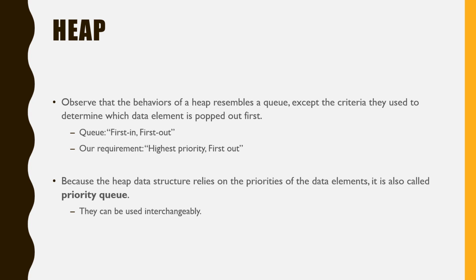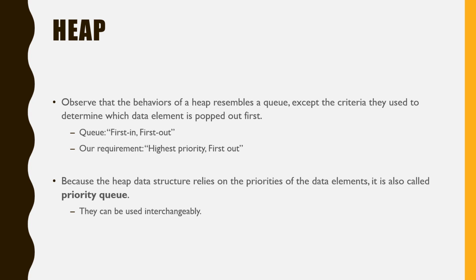Finally, note that the behavior of a heap is similar to that of a queue, as both maintain a dynamic set of data and are designed to pop elements. However, they differ in that a queue always removes the element that was inserted first, while a heap removes the best element, as determined by a specific comparable measure.